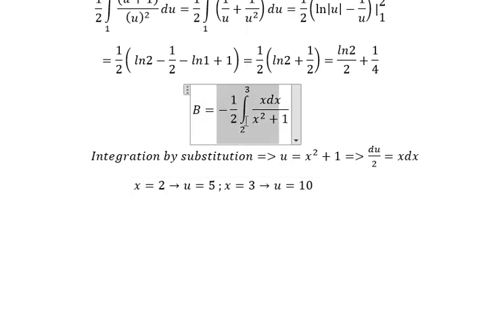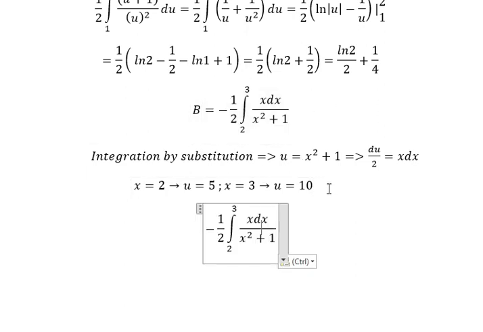And now we need to get the value in here. Number 2 we change to number 5. Number 3 we change to number 10. x dx we change for the u over 2. x square plus 1 you got about du, we change for u.